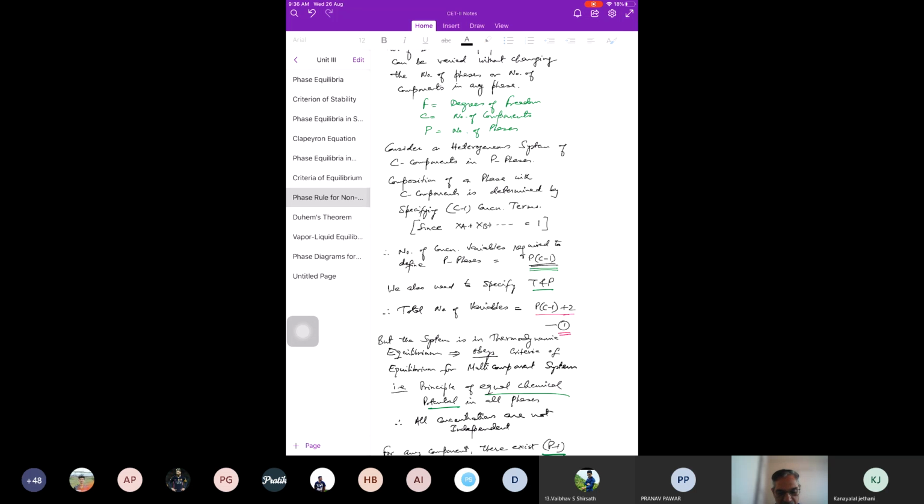I have to specify vapor composition and liquid composition, right? So I have to specify P into C minus 1 variables. For 2 phases it is 2 into C minus 1, that means 2 into 1 for a binary system. As components increase, variables also increase.